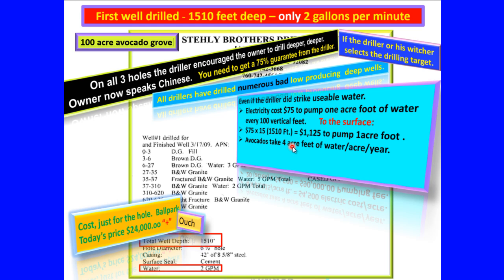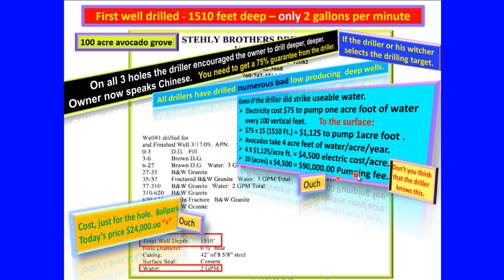Avocados take 4 acre-feet of water per acre per year. 4 times $1,125 per acre-foot equals $4,500 electric costs per acre. 20 acres times $4,500 equals $90,000 pumping fee.